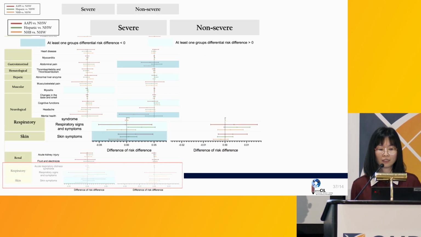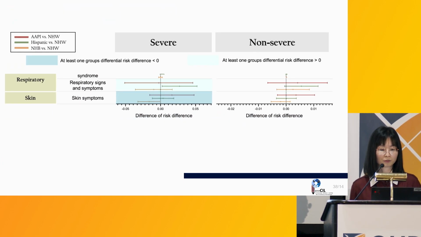For example, among the patients within the severe group, the Hispanic patients showed a significantly higher increase in the respiratory signs and symptoms compared to the white group, while the non-Hispanic Black group showed a statistically significant lower increase in the skin symptoms compared to the white group.